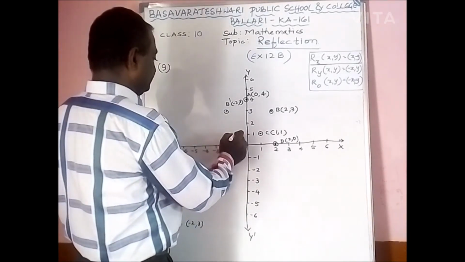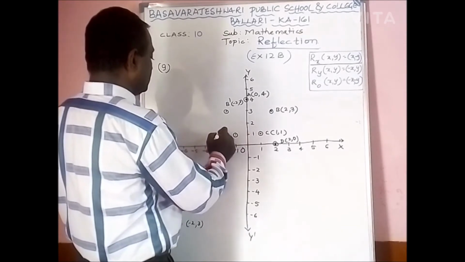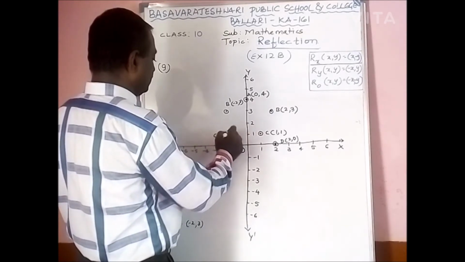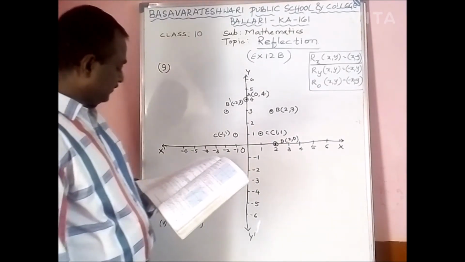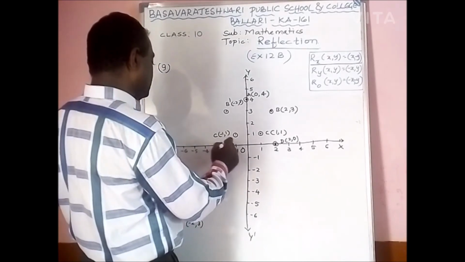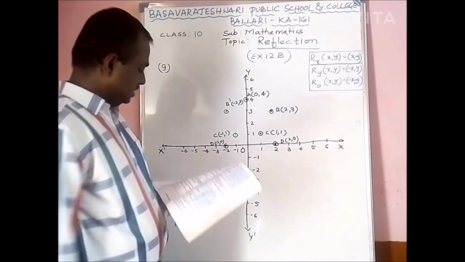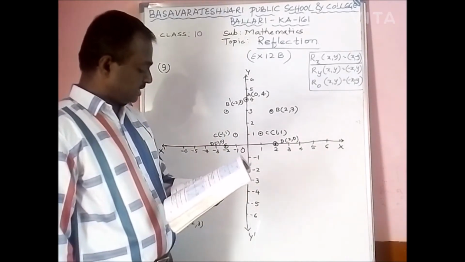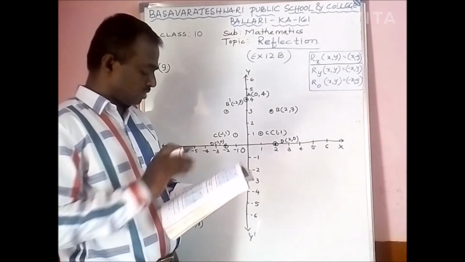So it will come here. Next, D also you have to reflect. (Minus 2, 0). Here it will come. D dash (minus 2, 0). This is the second: name the images as B dash, C dash, D dash. Okay, we did.